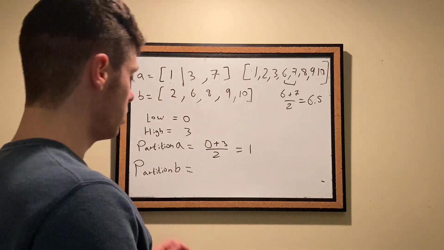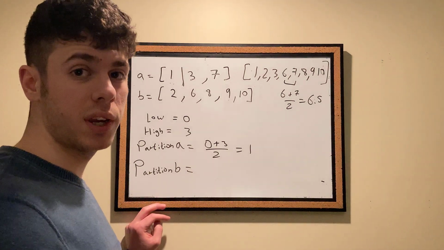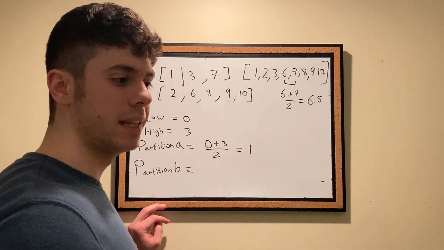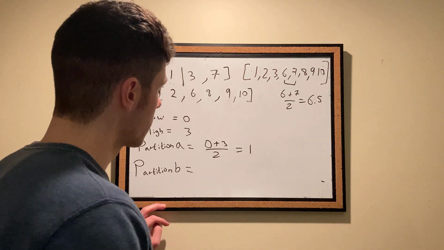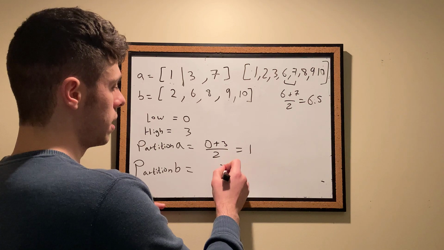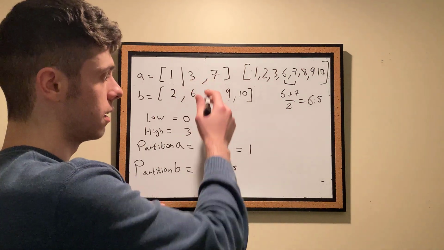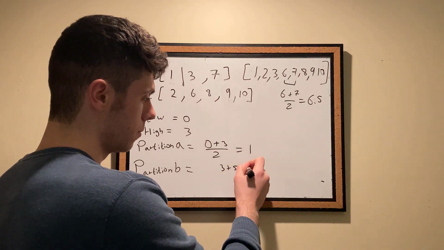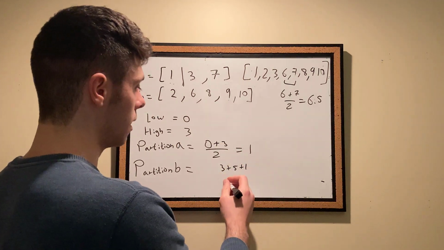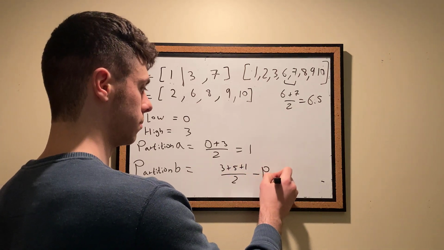So what you want to do here to find where you can partition B is figure out how many more elements you need to get 4, or the equal amount. What you can do is say 3 plus 5, the length of array A and the length of array B, plus 1, and you'll see why in a second I added 1, divided by 2 minus partition A.